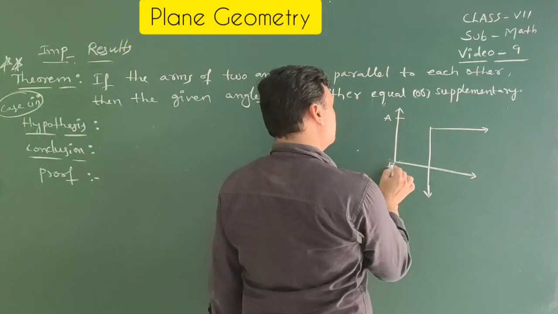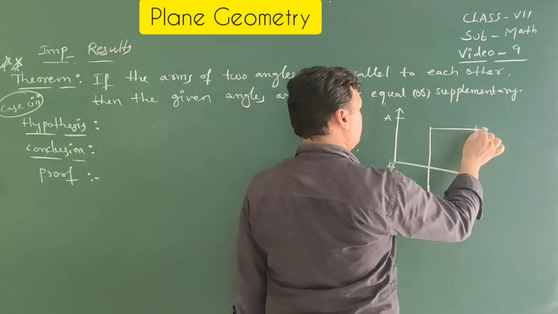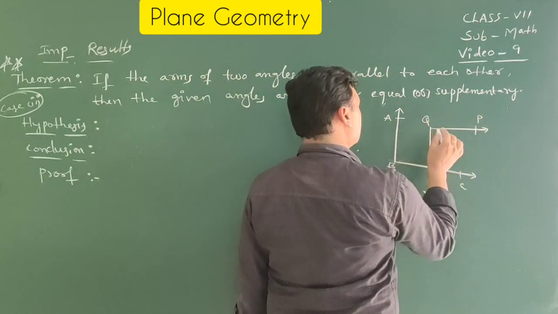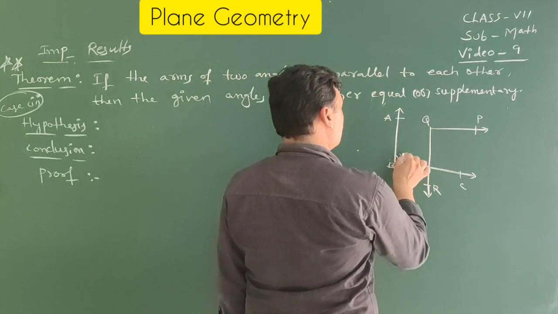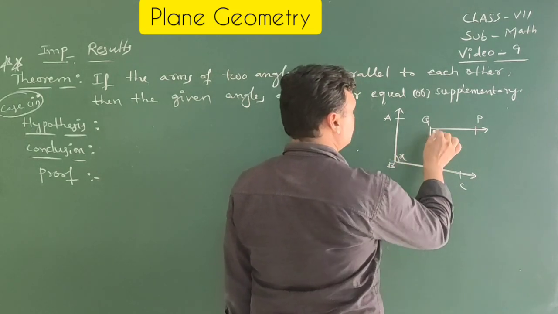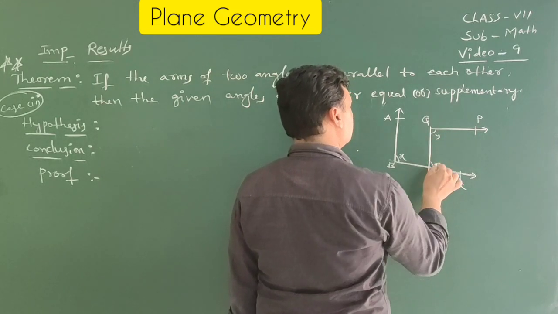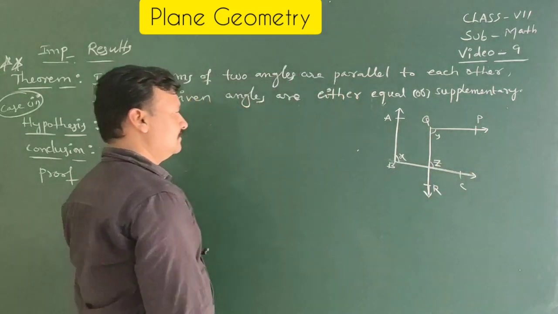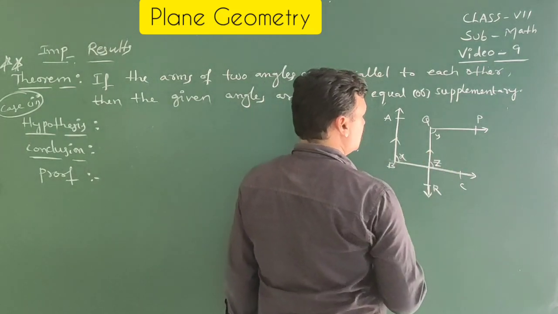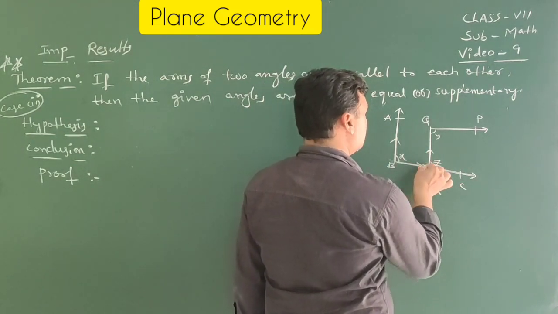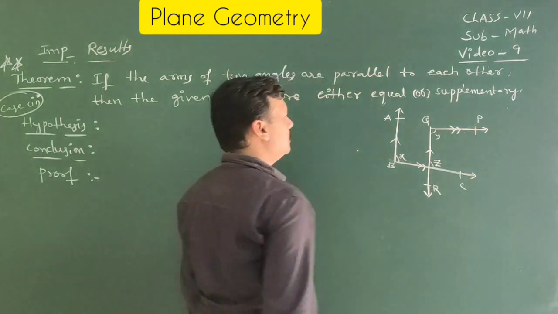A, B, C, P, Q, R, X, Y. Here AB is parallel to QR, BC is parallel to PQ.